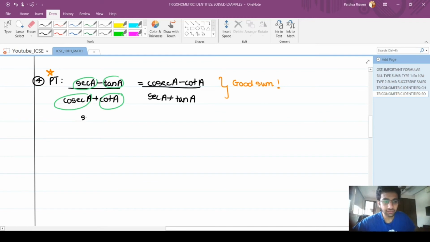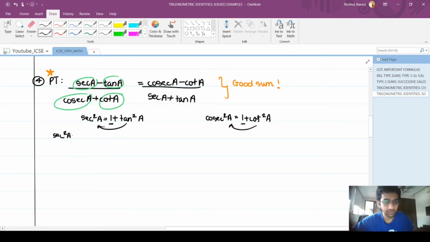Identity 1 I should think of is sec square A is equal to 1 plus tan square A. And identity 2 I should think of is cosec square A is equal to 1 plus cot square A. Now, both of these have a common 1, so I will equate for 1. I'll shift tan on this side, I'll shift cot on this side.